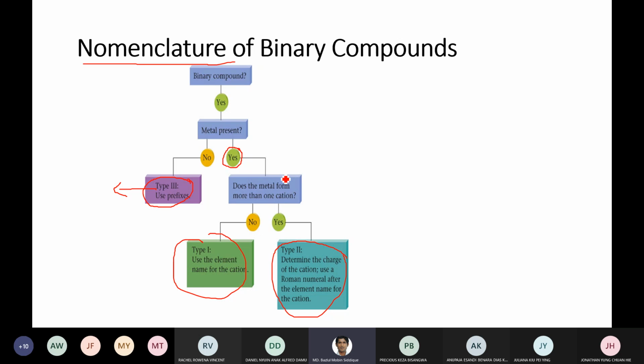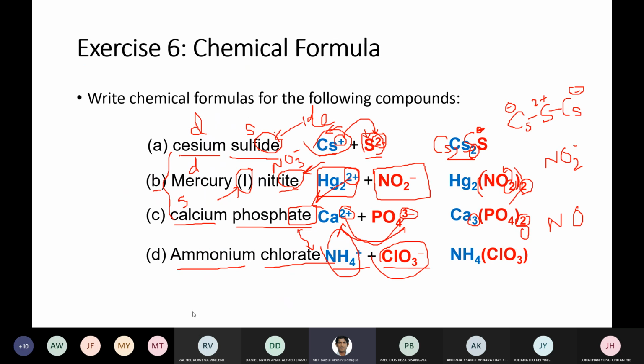That means they can form different types of ions. Some of them can form 2, 3 and 4, some of them 2 and 5, just like that. So if they can form more than one cation, then it will be type 2. We have to determine the charge of the cation, and then we put the charge in between them. It is shown in number B.